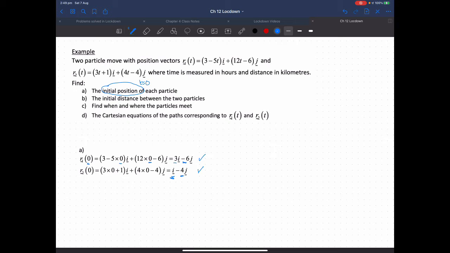Part B of the question again asks us for an initial distance, and an initial distance is where t equals 0.